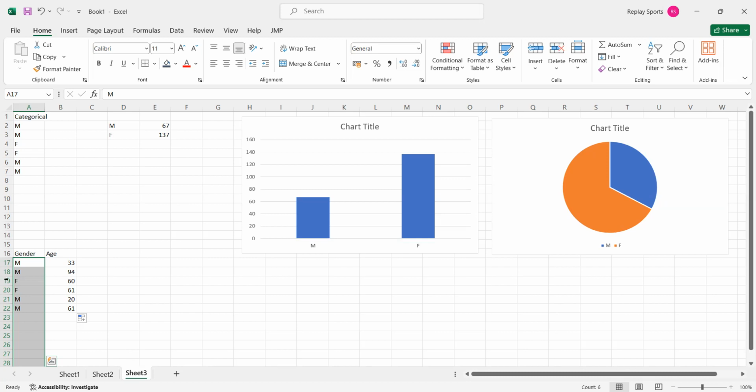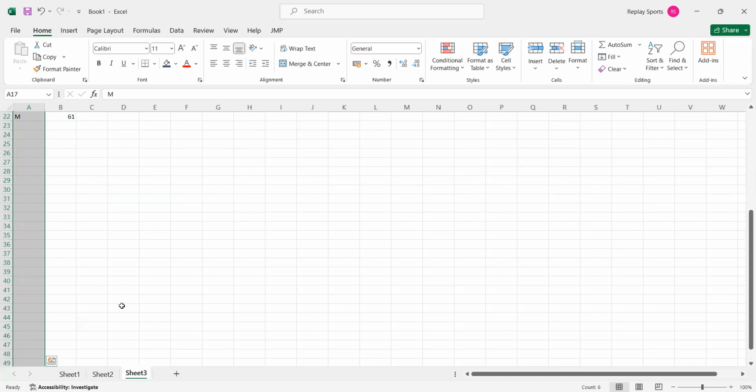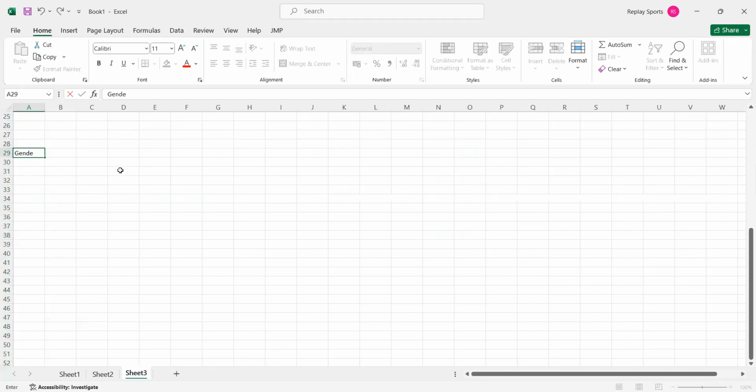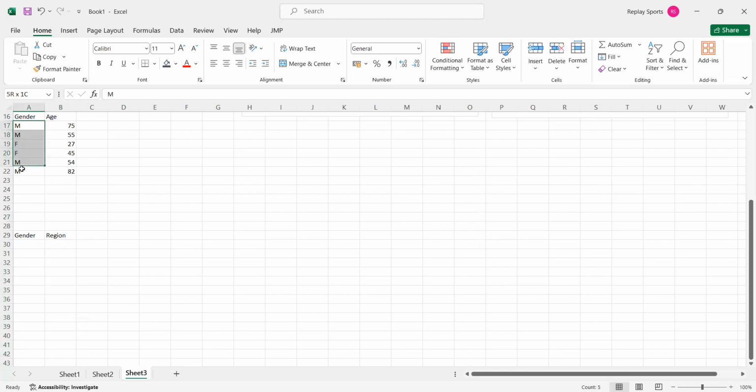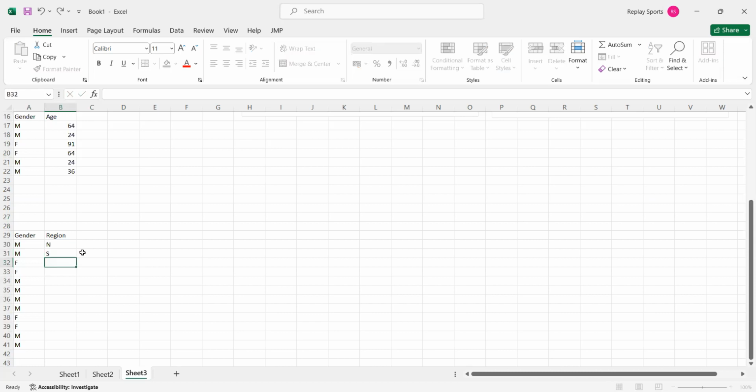You might have data where you want to compare gender versus region, let's say. So you have gender and you have region. Here you have male, female, male, female, and for region you have north, south, south, east, west, west, east, north.